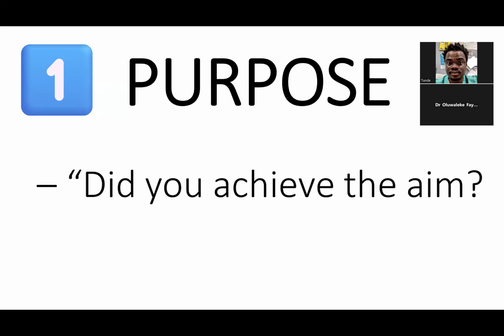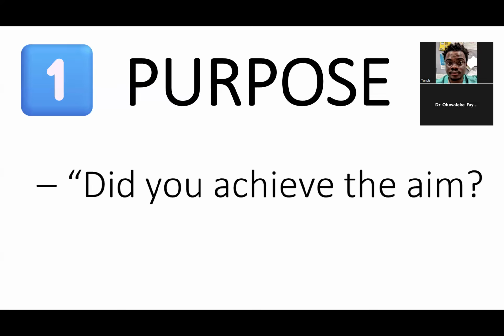Number one, did you define the type of letter that you are asked to write? The commonest letters in OET are the referral, transfer, and discharge. But you still have other letters like the request, inform, and so on. So whatever terminology they use in the writing task, that's what you're going to write.